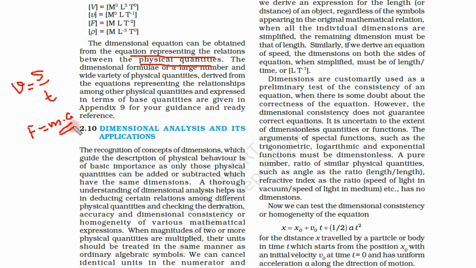So we can obtain the dimensional formula of a large number and wide variety of physical quantities. We have seen there are very large numbers of quantities derived from the equations representing the relationship among other physical quantities and expressed in terms of base quantities.